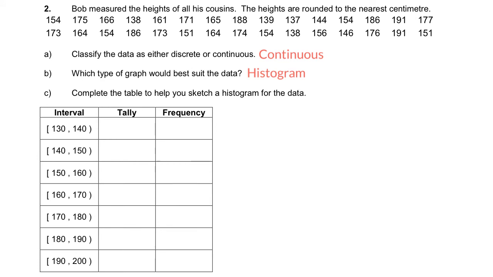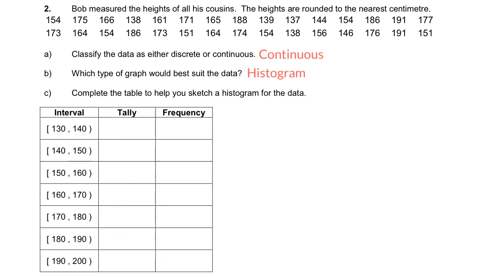So for example, if you have someone with a height of exactly 140 centimeters, you would not include them in this interval because there's the round bracket there, but you would include them in this interval because 140 has the square bracket around it. So that's just notation to indicate what's included and what's not included in each interval.